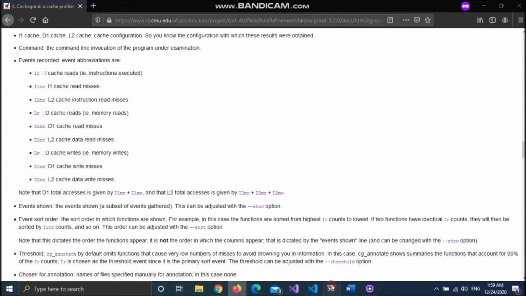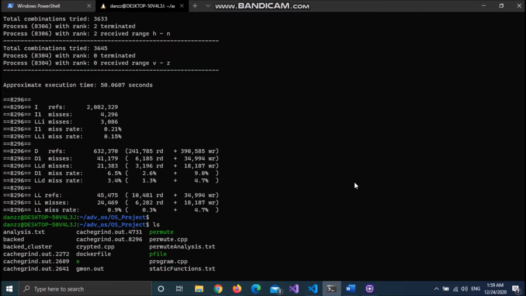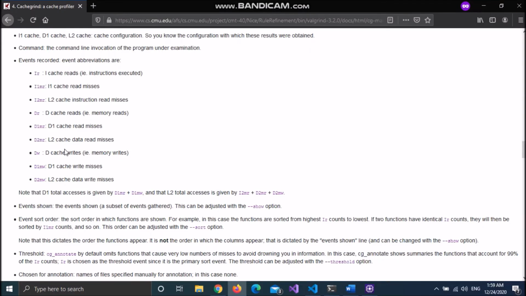As we have seen before, for data misses there are two types of misses, read misses and write misses, so it specifies exactly what kind of miss.